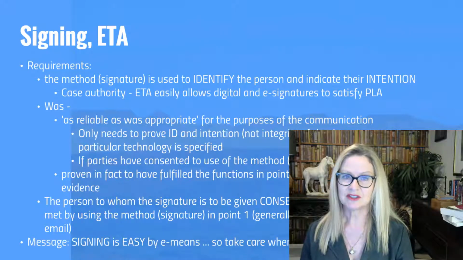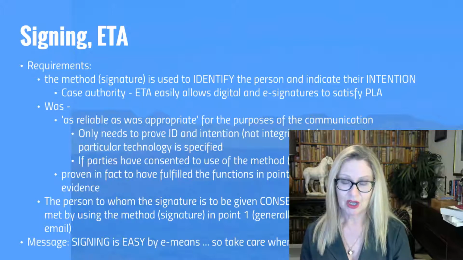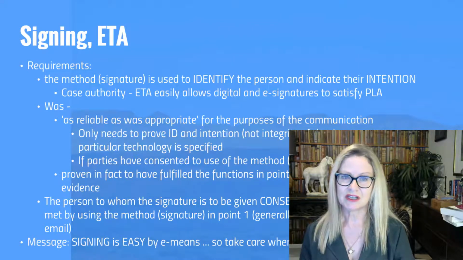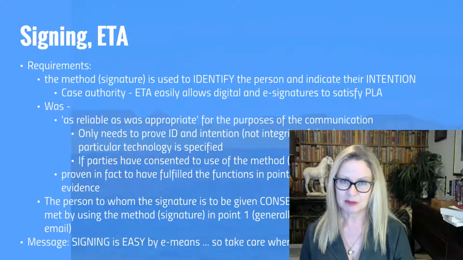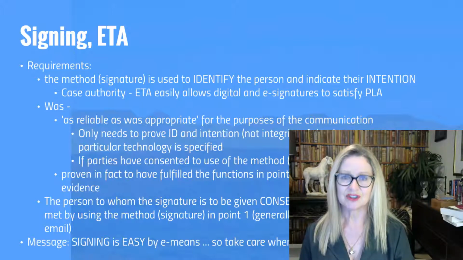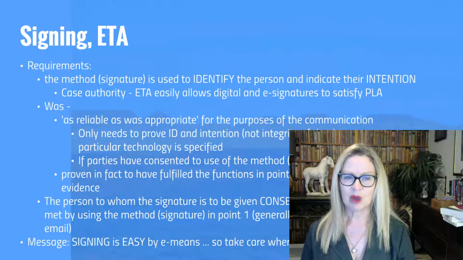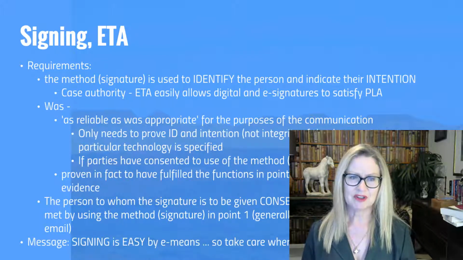So does the signature identify the person? Does it indicate their intention? Generally speaking, under the ETA, as I say there, you've got loads of case authority that easily establishes that the ETA will allow both digital and e-signatures. You don't have to go to the level of security of it having a digital signature. E-signatures will do. It has to be as reliable as was appropriate. Doesn't have to, again, be up to the level of security of an actual digital signature.